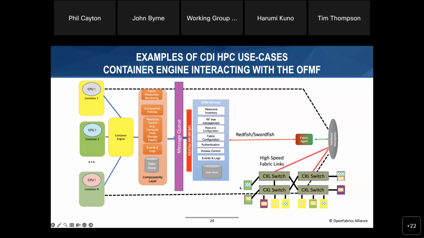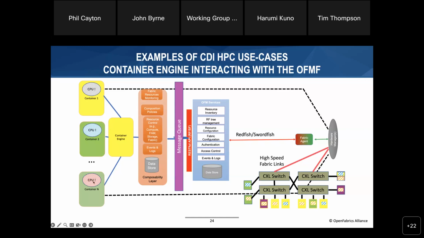If you look over here on the right side of this picture, you'll see I have a blue CPU going through the CXL switch. That's associated to CPU 1 on container 2. And the same thing with the orange one.